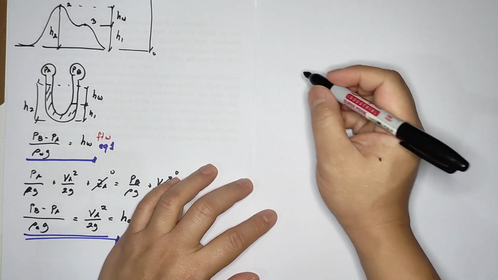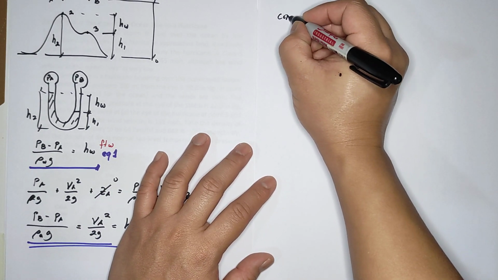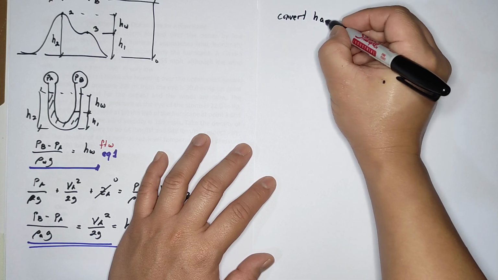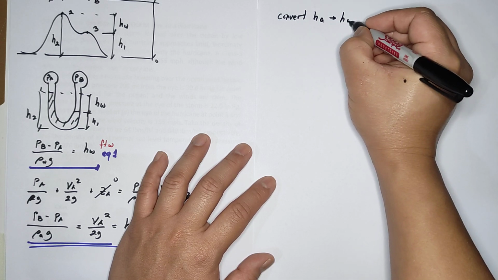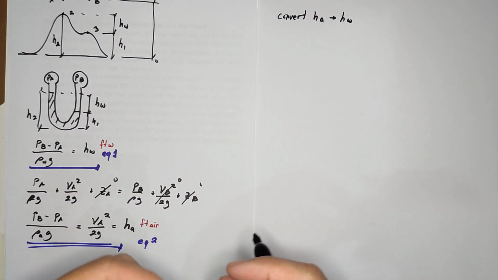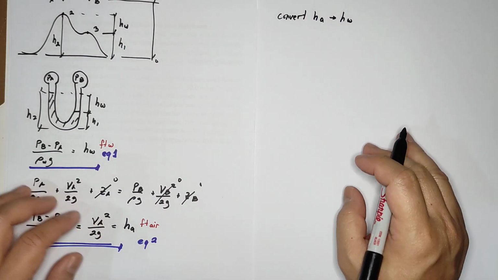So, conversion. Convert HA to HW. Although they have the same feet, they have the same height, but the substance is different, so they are different.